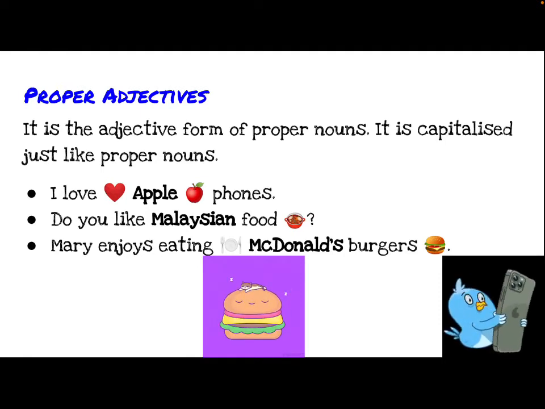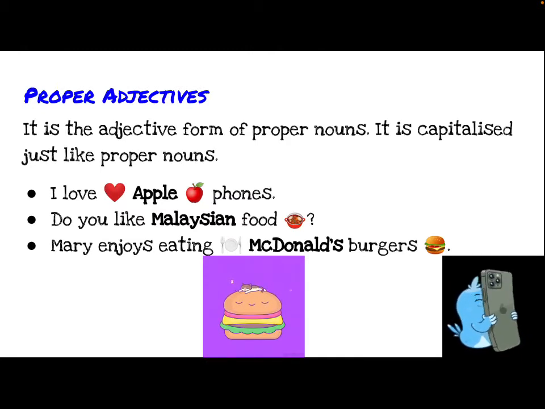Do you like Malaysian food? Mary enjoys eating McDonald's burgers. Here, the proper adjectives are bolded in the examples here.